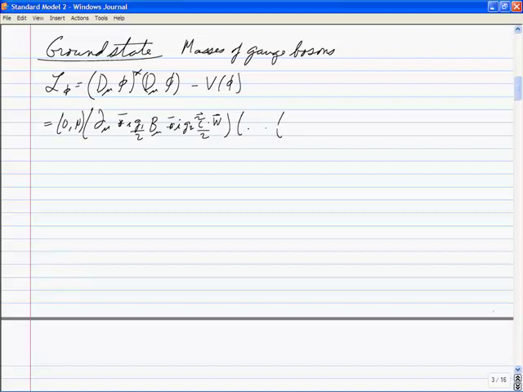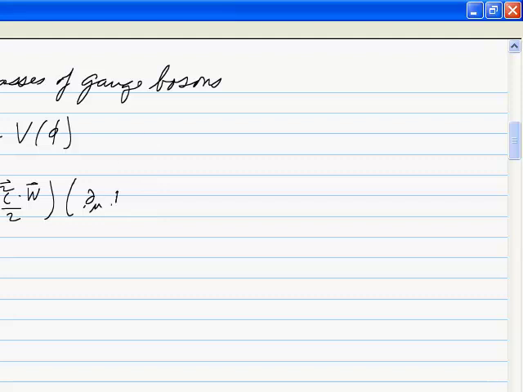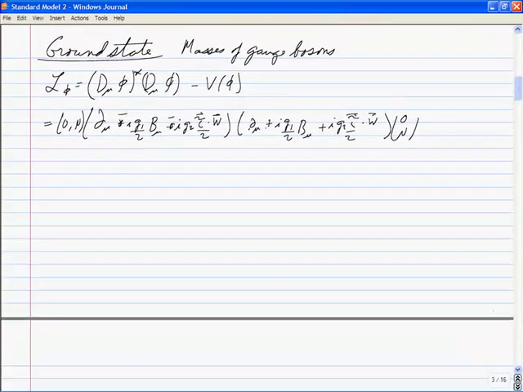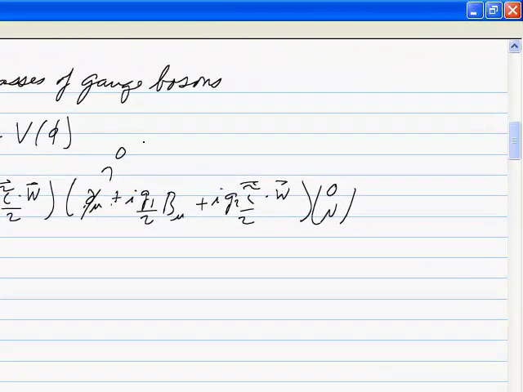And then we get D_mu plus i g1 over 2 B_mu plus i g2 tau dot W over 2 on (0, v). So the derivatives, of course, don't count. I just wrote them so that you carry them along. They're just acting on v at the moment.